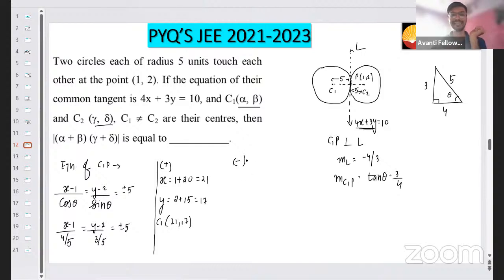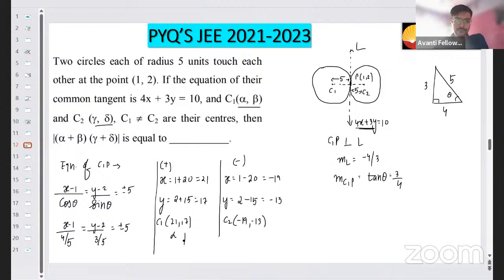If I take the negative sign, what will I get x as? x will be equal to 1 minus 20, which is minus 19. And y will be equals to 2 minus 15, which is minus 13. So C2 will be (minus 19, minus 13).